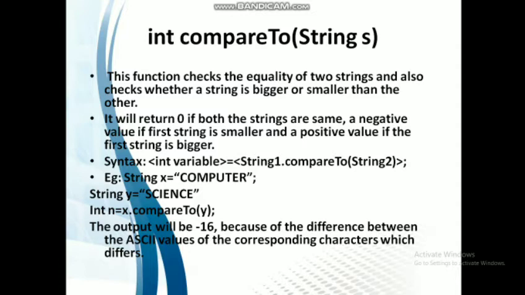When you reach S, that means the 16th letter is S. So it differs by 16, and since C comes first and S comes later, you will get a negative value, because according to Java's compareTo function, computer is the smaller string.